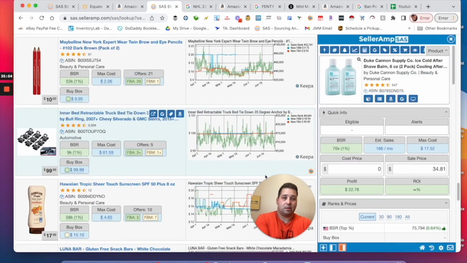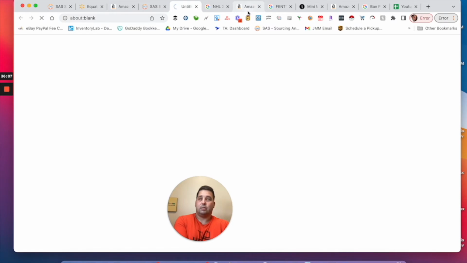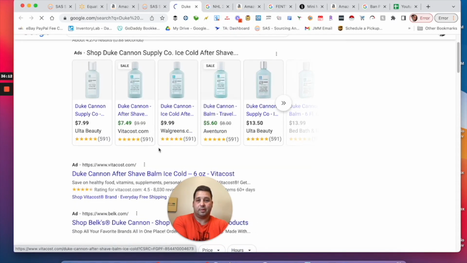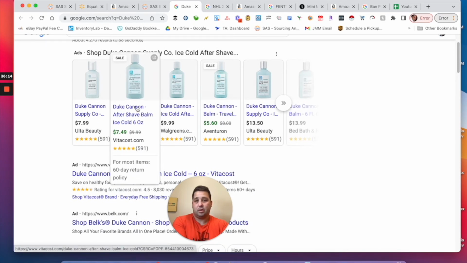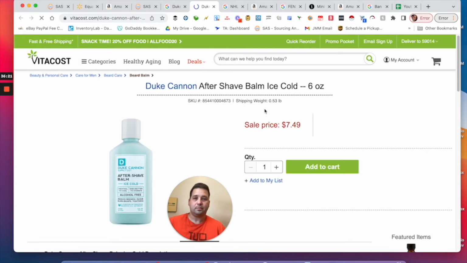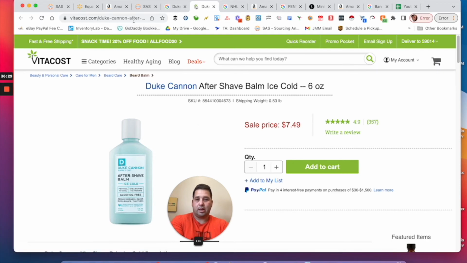Duke Cannon. It's a 2-pack. Looking for about $17 for this thing. Interesting. Vitacost. Let's see. Sale price. It looks like this is on sale for $7.49. Rakuten, they have cash back. That's cool.